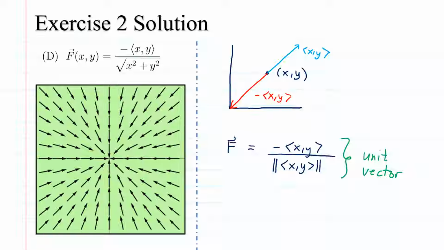So, in summary, yung mga graph ng mga vectors nitong vector field sa letter D ay mga vectors na naka-point sa origin na unit vector. So indeed, ito nga yung graph niya.